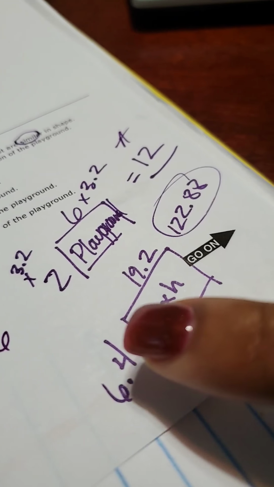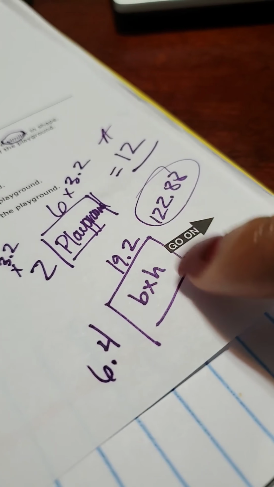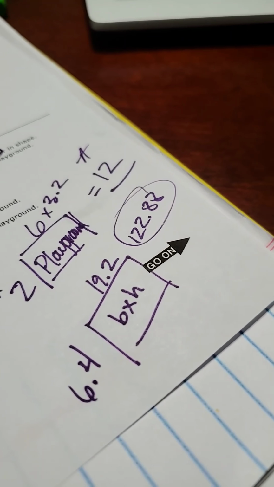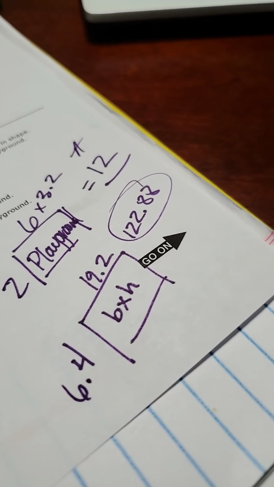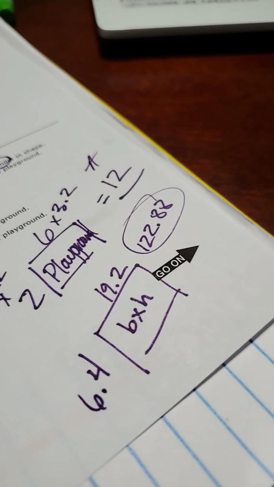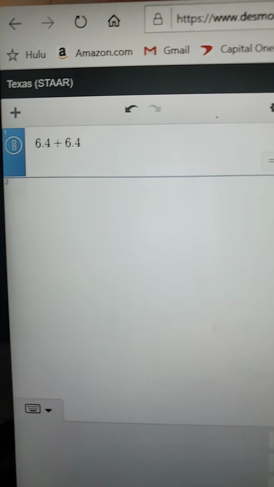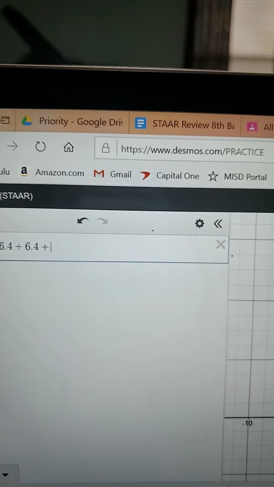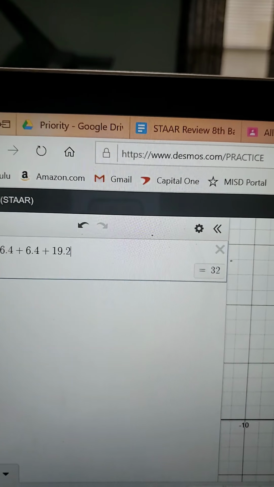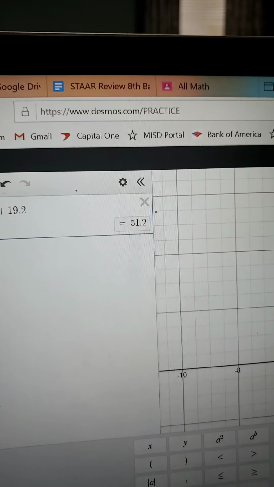All right, let's try this one. 6.4 plus 6.4 plus 19.2 plus 19.2. I'm not that great with mental math, so I'm just going to type it in. 6.4 plus 6.4 plus 19.2 plus 19.2. 51.2.